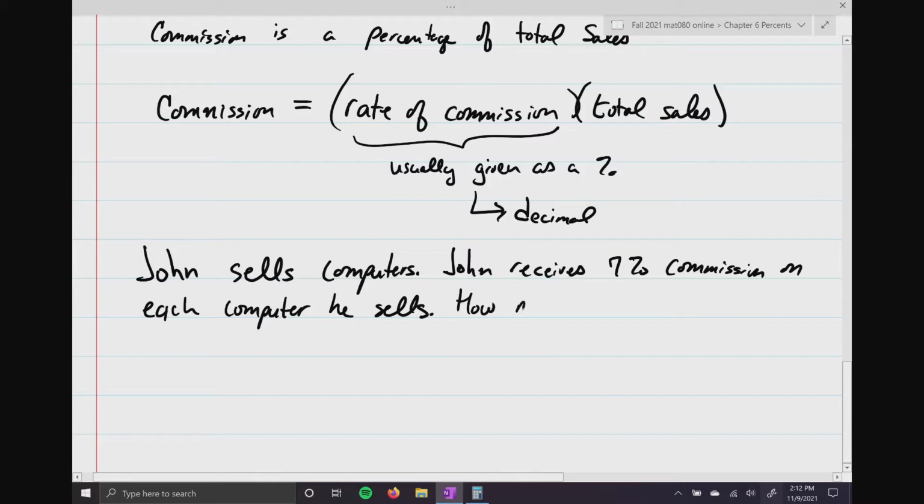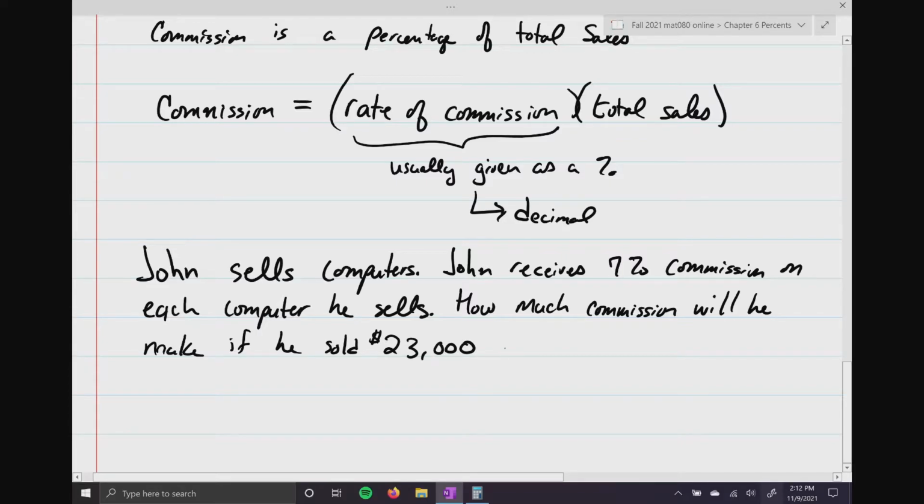How much commission will he make if he sold $23,000 of computers last month? Okay?